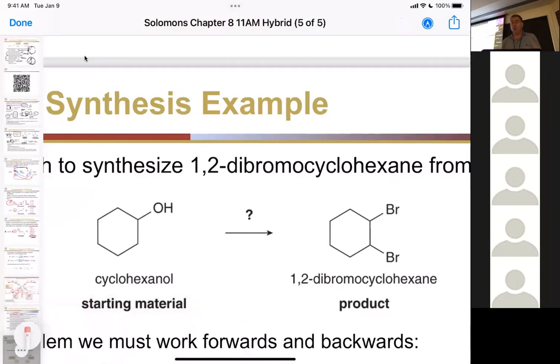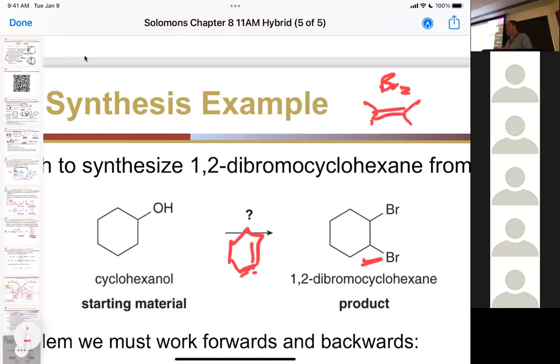So how can we make a 1,2-dibromo compound right here? Well, can't we take an alkene and add bromine to it? Doesn't that give us a 1,2-dibromo compound? So maybe bromine and an alkene are something we need here. That means one of our intermediates might be this right here.